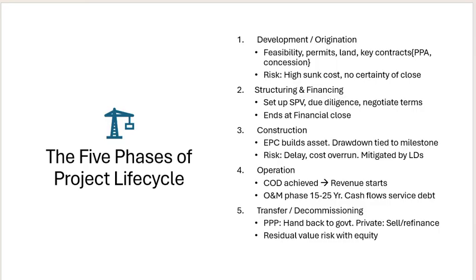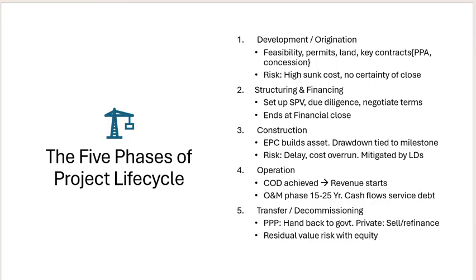The first is feasibility, permits, land, and key contracts: the power purchase agreement, concessions, and the public-private partnership agreement. On the basis of that, what kind of project is it? Road construction, rail construction, metro construction, power construction, water resource management, solar energy, or wind energy projects are infrastructure projects. We need to identify that and develop the origination.